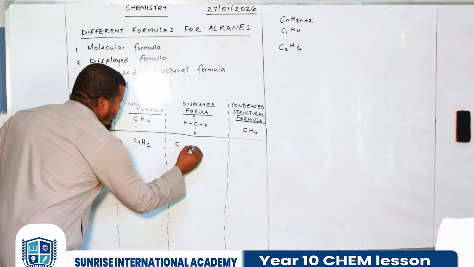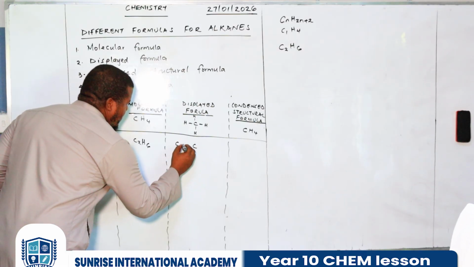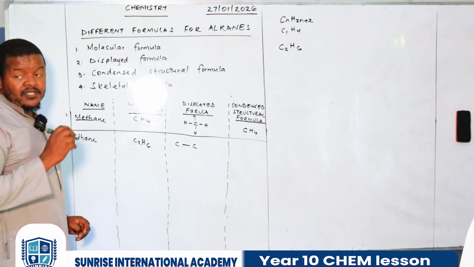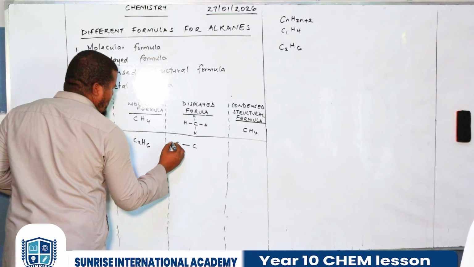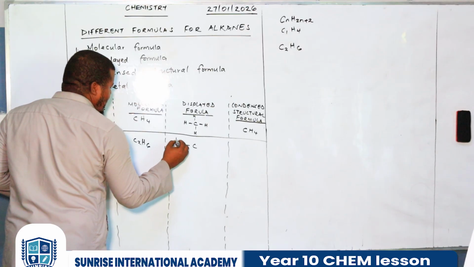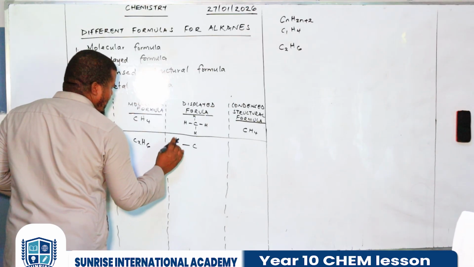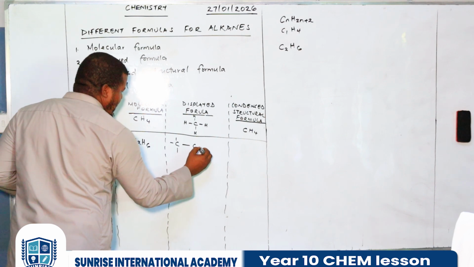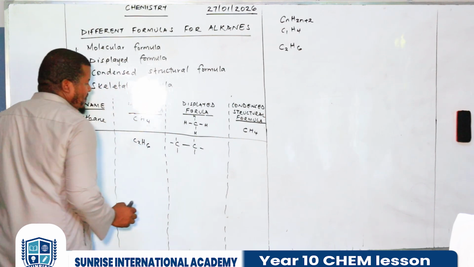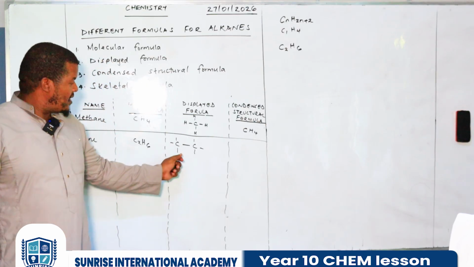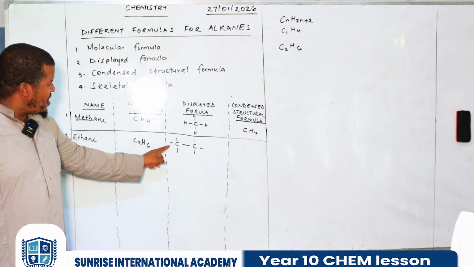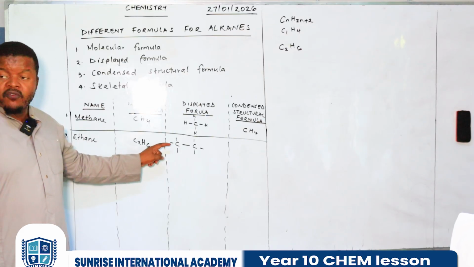You draw the 2 carbon atoms here. Between the 2 carbon atoms, we have a covalent bond there. Then add 3 more bonds surrounding the carbon here. So what you're saying is put a single bond between carbon and carbon. You realize that we have 3 bonds left for carbon to have 4.